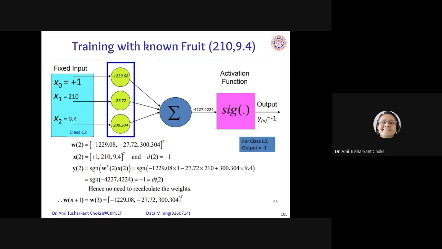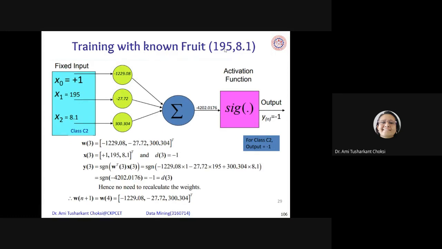Desired output and actual output are the same, so there is no need to recalculate the weights. Whatever we have calculated before will be considered for the next level. So W(n+1), that is W3, is equal to the same which we have started with in this particular step. Fine. Okay, so let us proceed further.